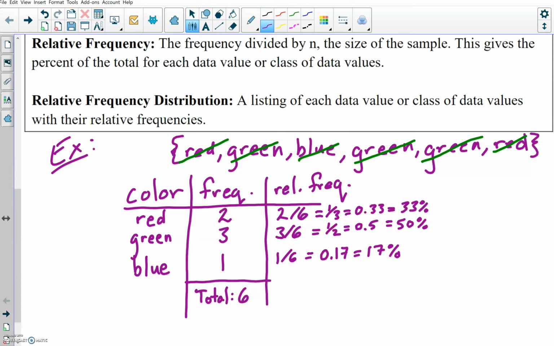And what you're hoping, note that the total of your relative frequencies should equal either 100%, 1, either one, depending on if you're working in percents or numbers, the total should be 1 or 100%.